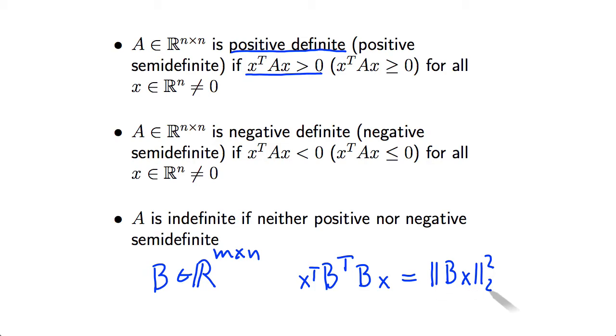And we know from the L2 norm, it's just a sum of squared values. This is always non-negative, so this term is greater than or equal to 0. And what that means is that B transpose times B is positive semi-definite.